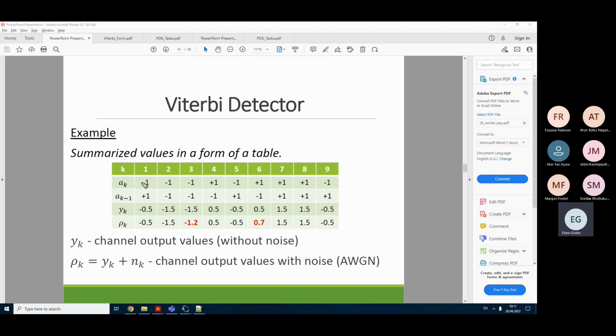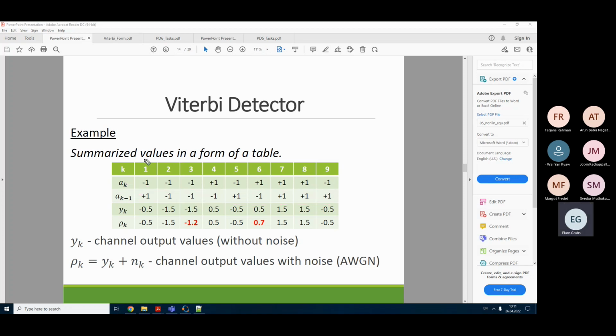For now, it was just a representation of the signal. So here you can see our data sequence, -1, -1, +1, and so forth. Here you can see that it is shifted by one position. Here we also had +1 previously because our data started with +1, and basically it shifted to here. Here we have the channel output data, and here we have channel output data plus noise.